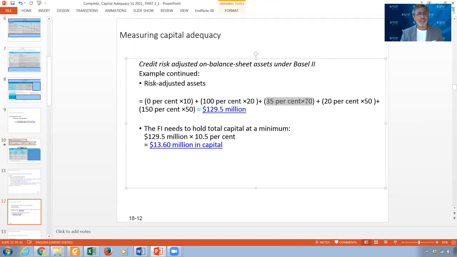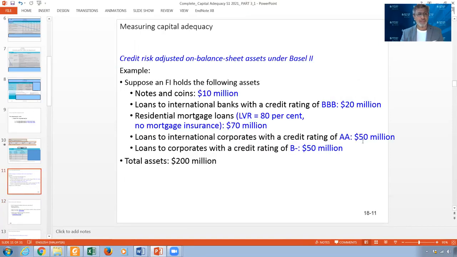And this is the housing, 35% times 70. And this is the loan which is the international, 50 million.